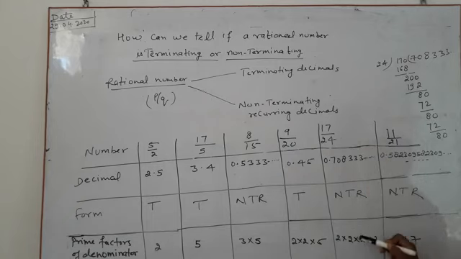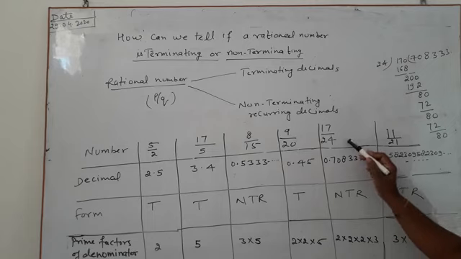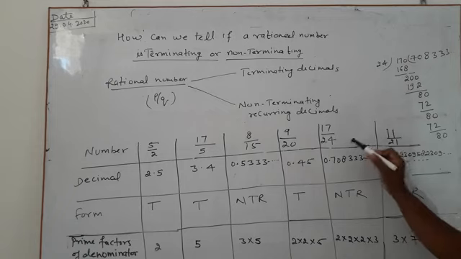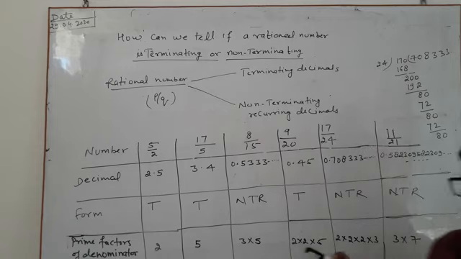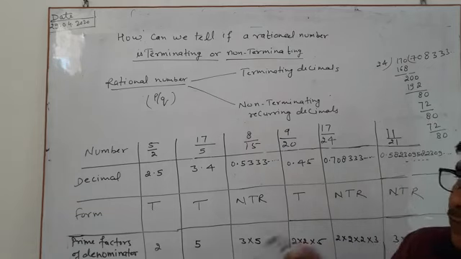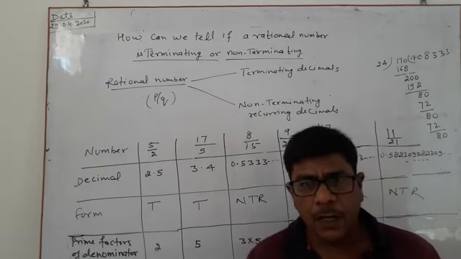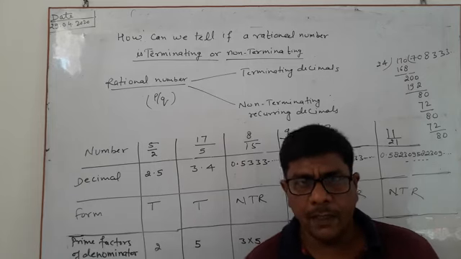So this has a prime factor other than 2 and 5, because 2 is here but 3 is a value other than 2 and 5. So this will be a non-terminating recurring decimal. Is it clear? This is how you can identify, without actual calculating, whether a rational number is terminating or non-terminating. Clear? Thank you very much.